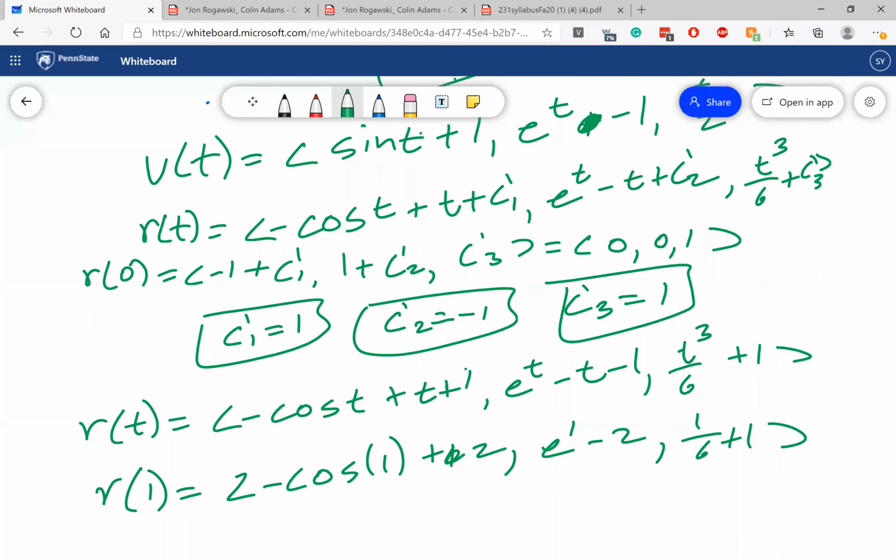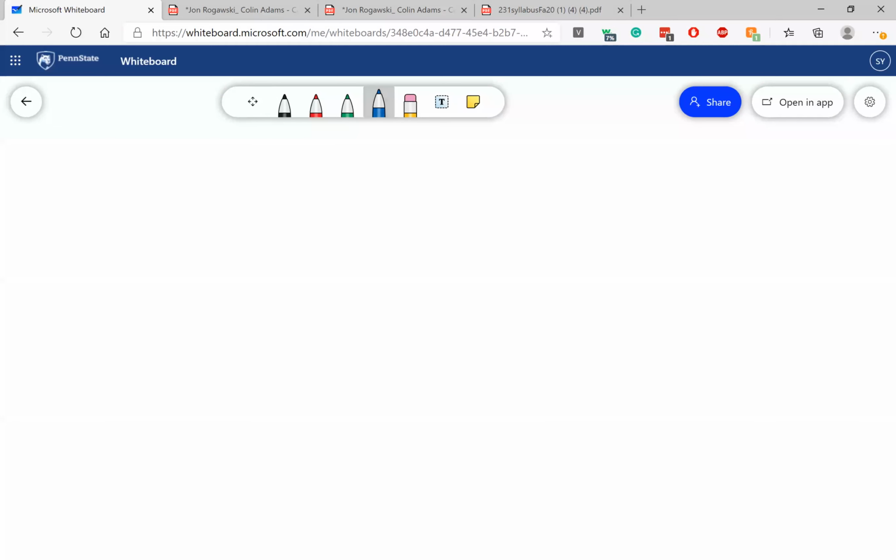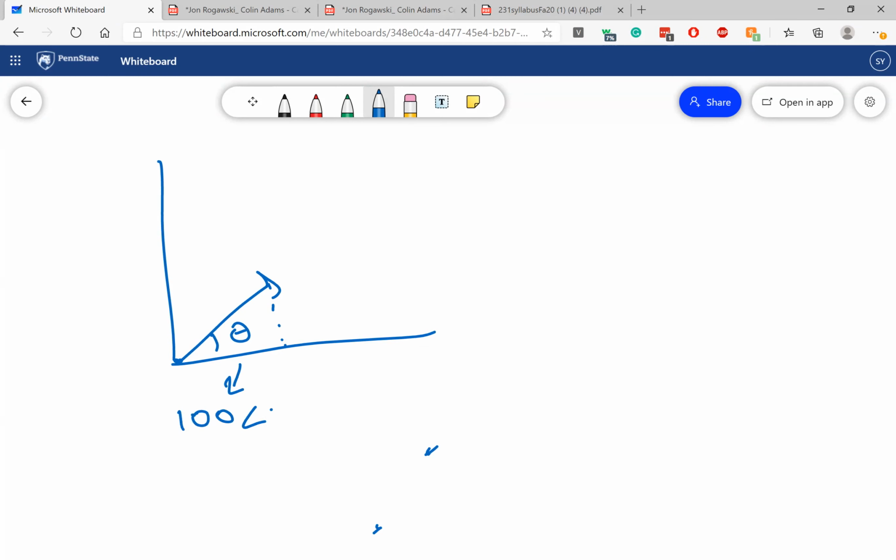Okay, so let's go here. Again, we're standing here. We shoot the projectile. This is our angle. So that would tell us that the x coordinate over here would be 100 times cosine of this angle, and the y coordinate over here would be 100 times sine of the angle.